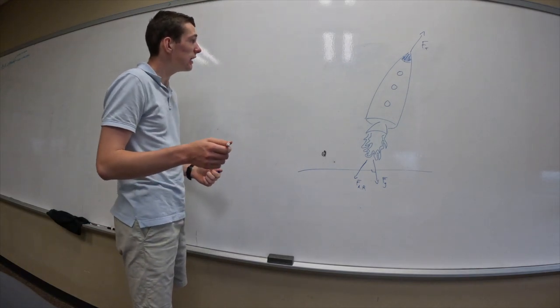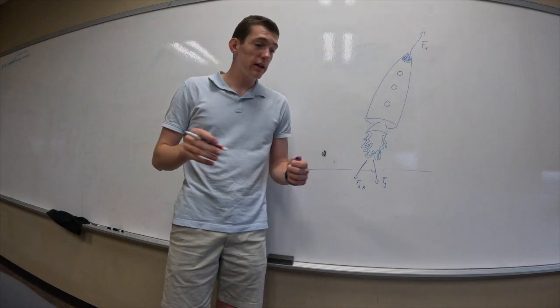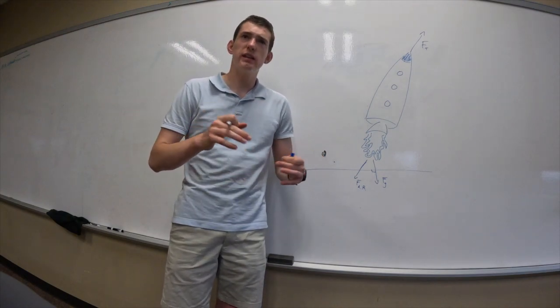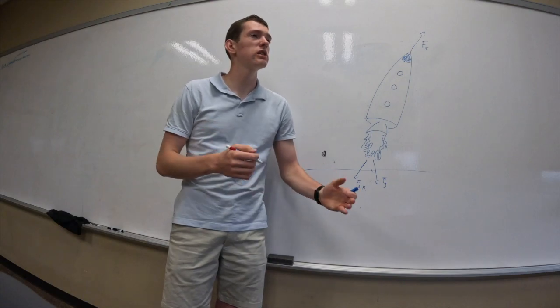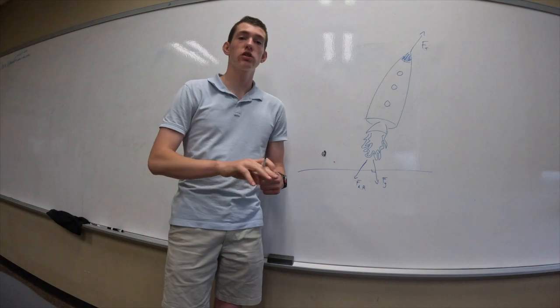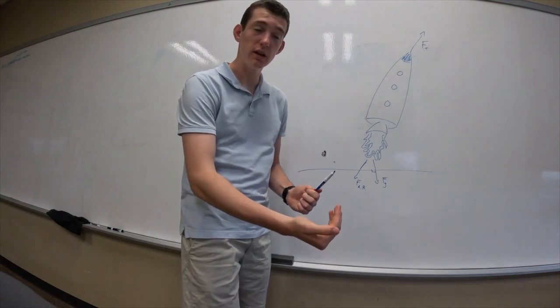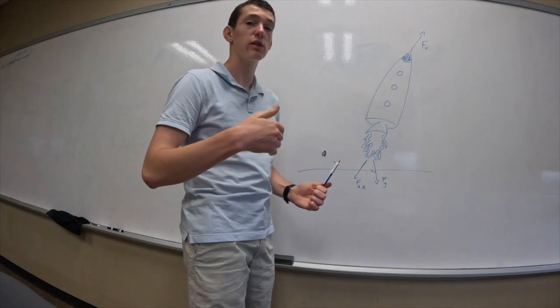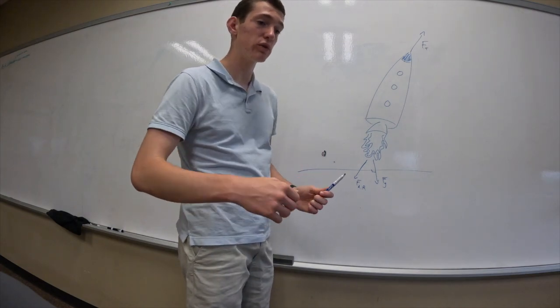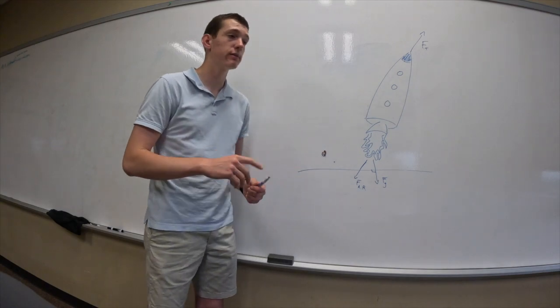Force of thrust is a little complicated because it changes in force. Let's say you're driving a car. Your car's not always going to go the same speed. Sometimes you're going to accelerate, which makes the car go faster. And just like that, the force here is changing. Sometimes it has a greater force, which makes the rocket accelerate faster than at different points.